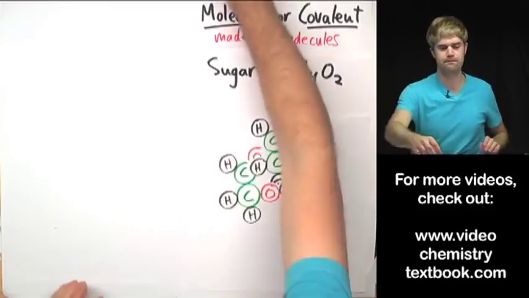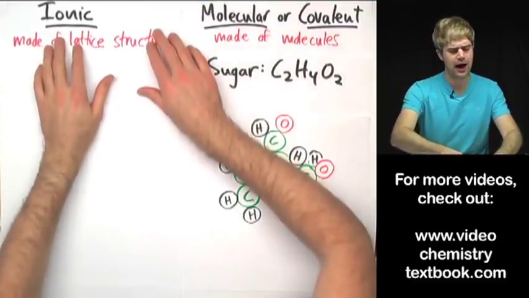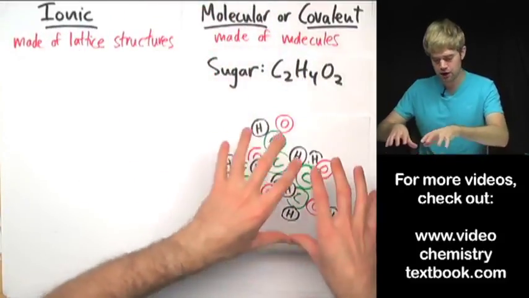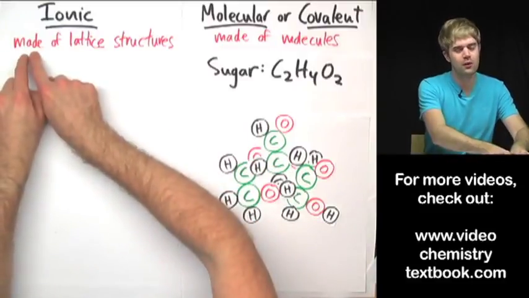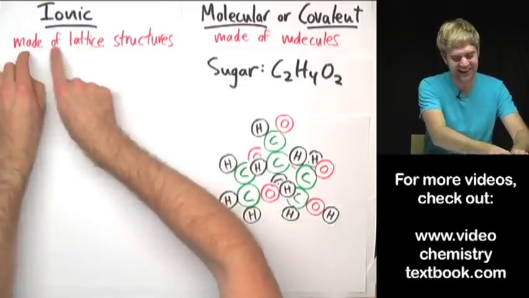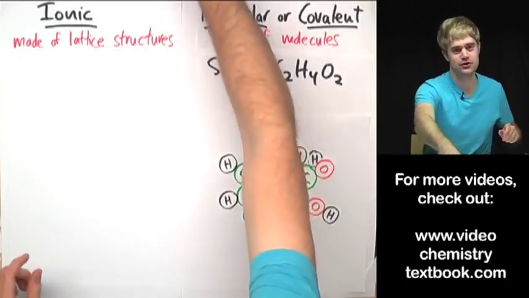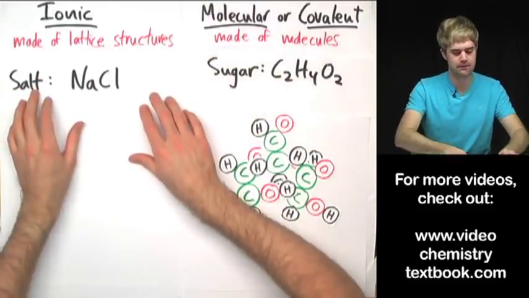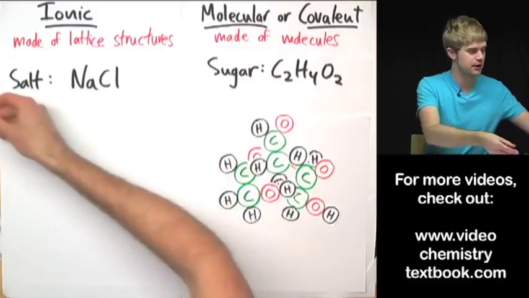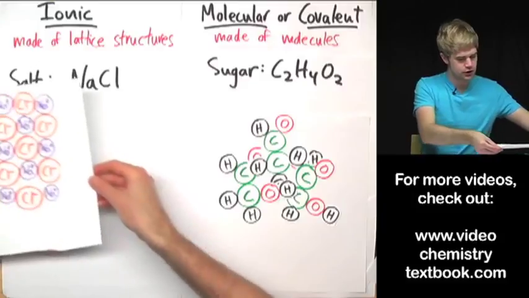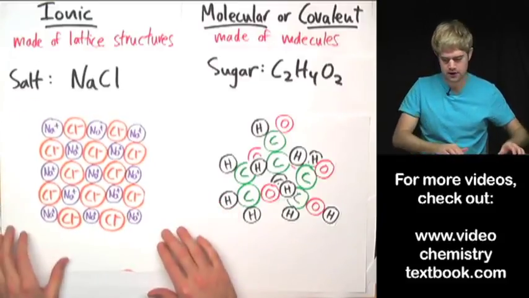But the big deal here is that these molecules are individual clumps of atoms that then come together to make stuff. On the other hand, ionic compounds, they're not made of clumps of atoms like molecules. They're made of what we call lattice structures. And here's what lattice structures are. The example I'm going to give you is salt, which is sodium chloride, table salt. And the lattice structures of sodium chloride look like this.